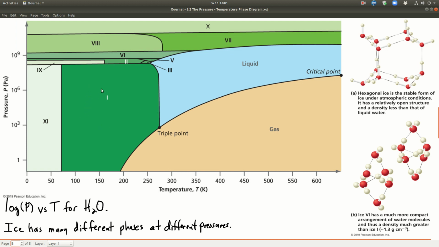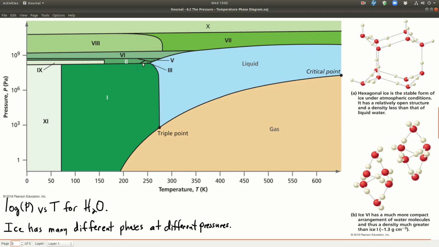Here there's 11, I think, different phases, structures of ice. And this is, by the way, a logarithmic scale because we're talking 1,000,000 pascals up here. It's logarithmic on the pressure axis, while the bottom is just linear for temperature. But the point here is that you can have more than one type of solid phase.